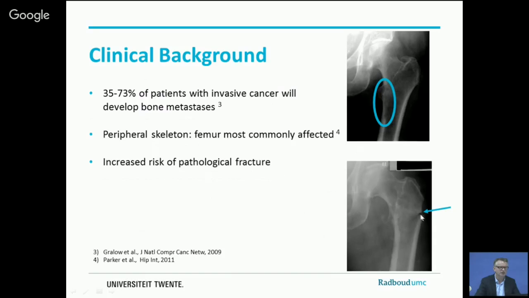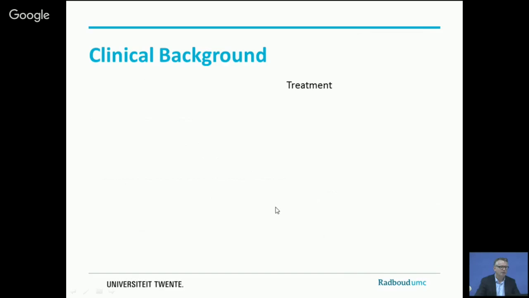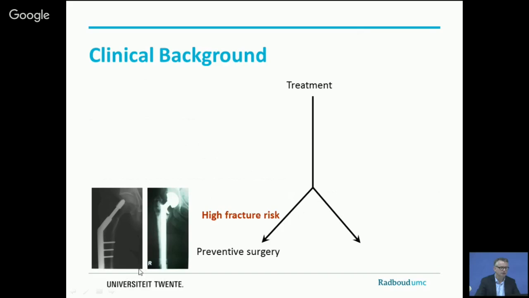So there is an increased risk of a pathological fracture. The treatment is, if we see that the bone is so weak that we need to do something about it, an orthopedic surgeon will put in a plate to make it stronger, or they will do radiotherapy, so radiation, if they think it's strong enough.